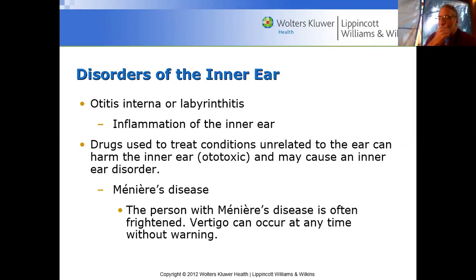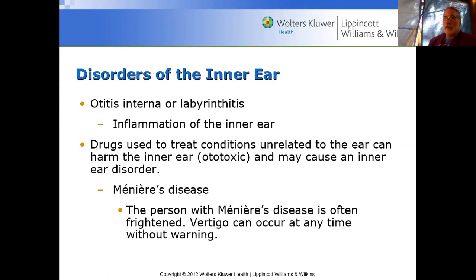So with inflammation, as you recall from the diagram, inflammation of the middle ear can impair the cilia's ability to vibrate and take those fluid waves and turn them into electrical impulses. With chronic inflammation, the cilia themselves can be damaged and you have permanent hearing loss.